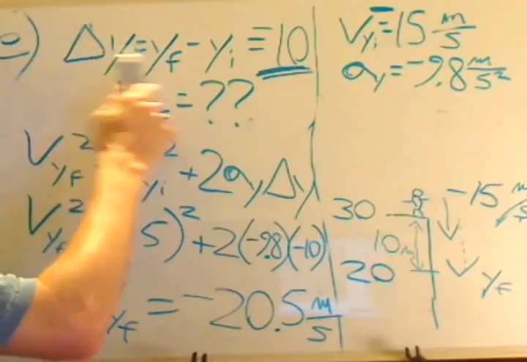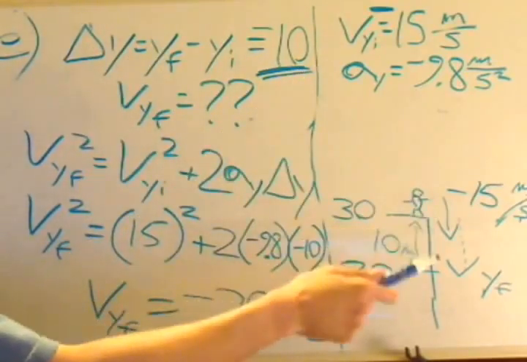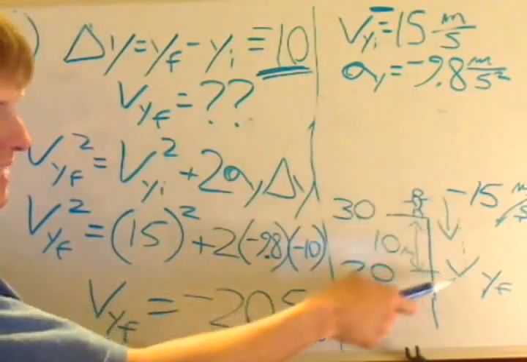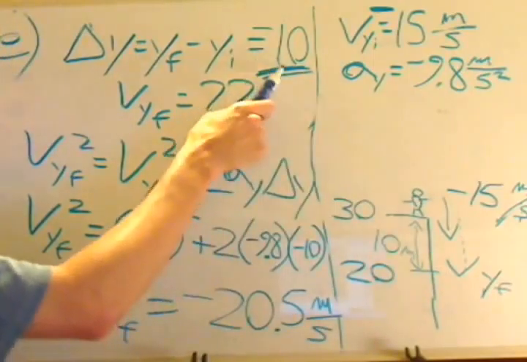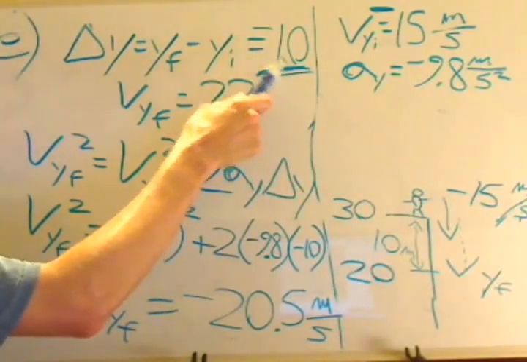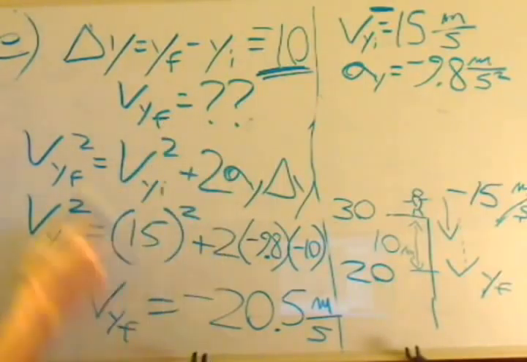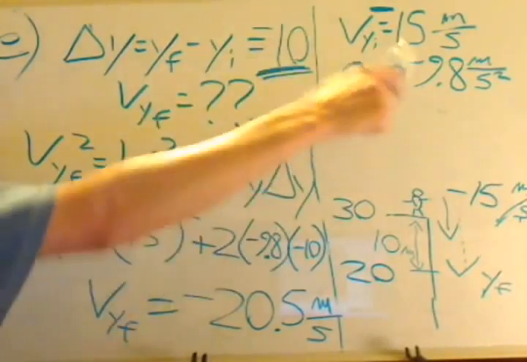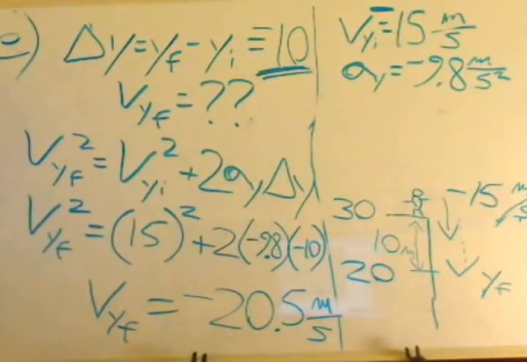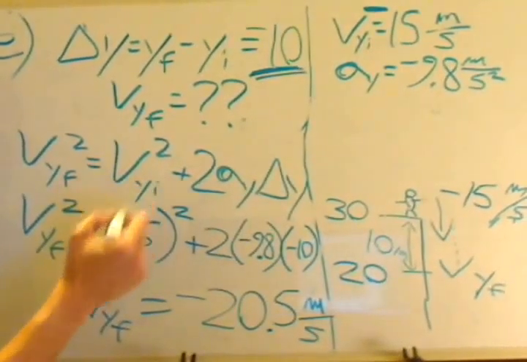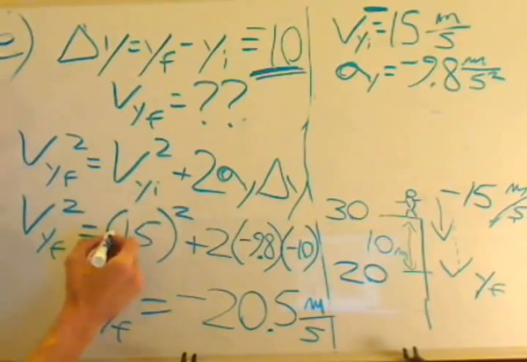In part D, we had delta y is minus 10. It's still minus 10. We're still interested in the velocity 10 meters below the cliff. So this stays at minus 10. We still want to know what the final velocity is. So we use the same equation because we have the same set of variables we're interested in. Now, the only difference is that our initial velocity was minus 15.